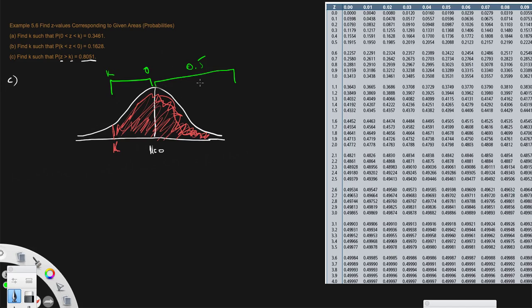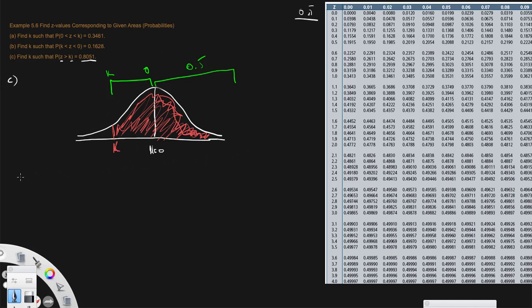So the way we will split it is, first we write our area. Now I'm going to subtract, because we cannot find the 0.8 here, remembering that our table only gives us the half probability because it's symmetrical.